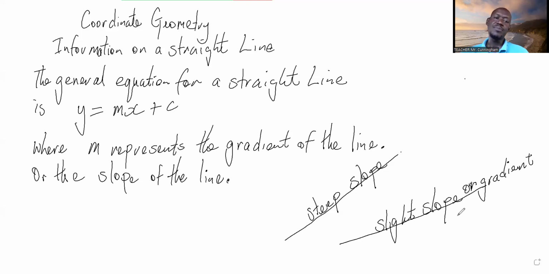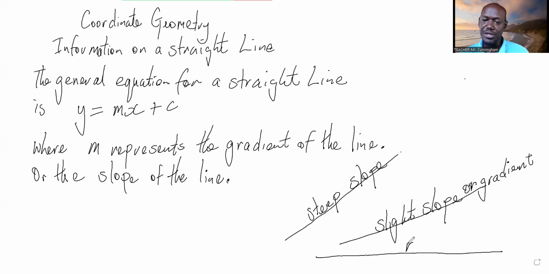So when we talk about the gradient or the slope of the line, it tells you how steep a line is. Now, I have a question. Look at the gradient of a horizontal line.